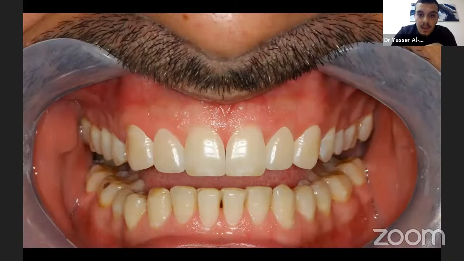Then I make the design and show it to the patient in the same visit, and let the patient look at his final state.